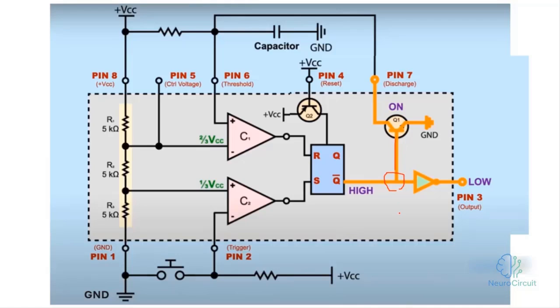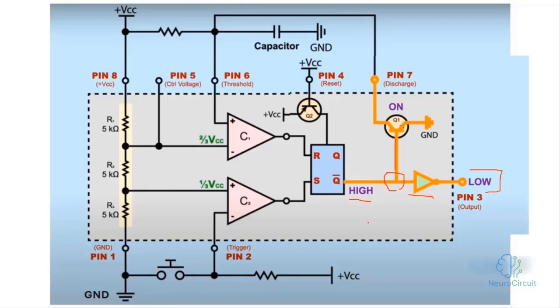When the output of the 555, and by the output of the 555, I mean pin 3, is active. When the output of the 555 on the other side of the inverter, this is the inverter, is low, obviously the output of the flip-flop is high, which causes the transistor to be, so to speak, open, so that anything connected to the discharge pin gets connected to ground.